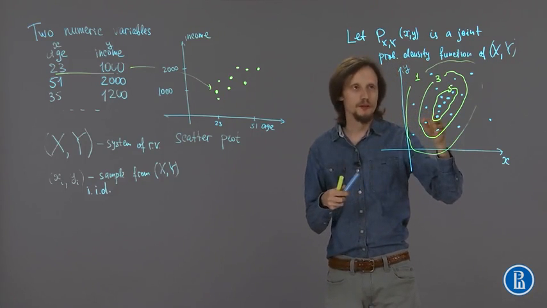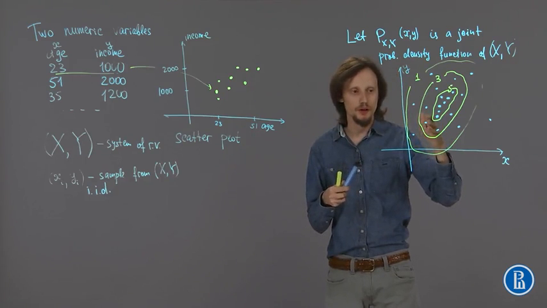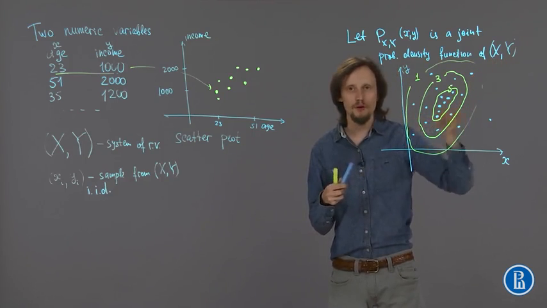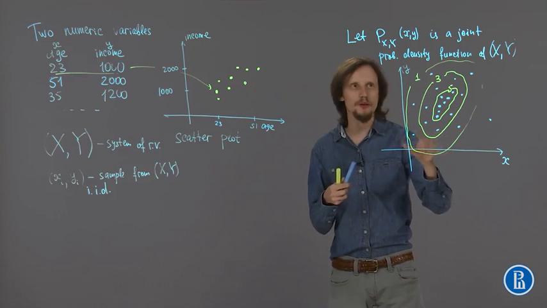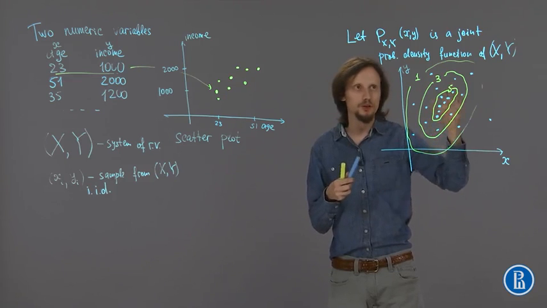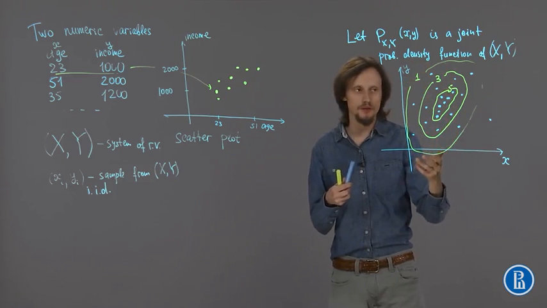So we see that the scatter plot of a sample that is generated from a pair of random variables with a given probability density function is related to this probability density function itself.